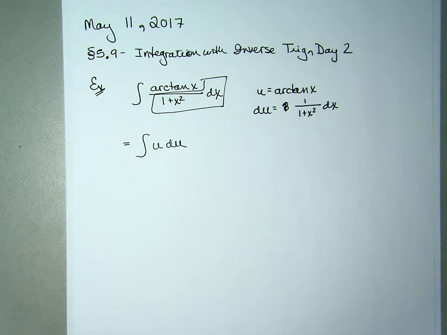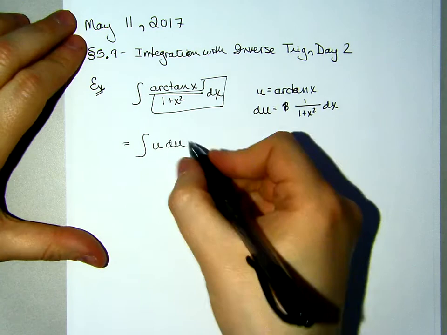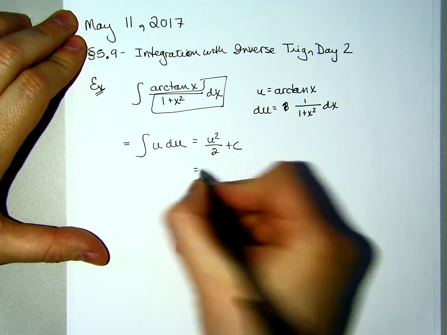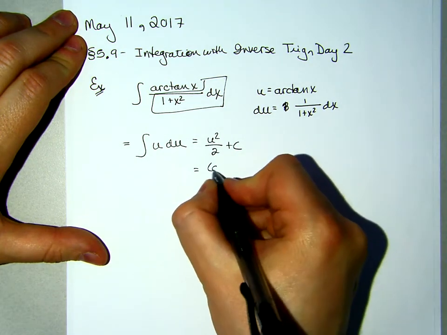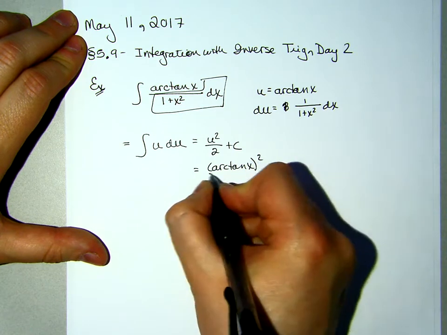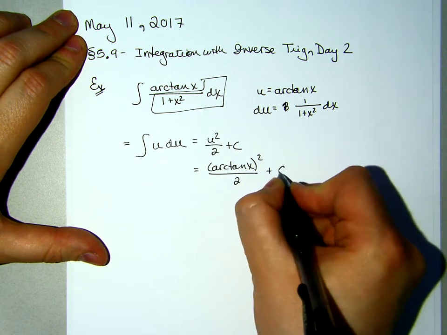This is the exact same idea. Well, what's the integral of u du? This is easy. U squared over 2 plus a constant. U was just the arctangent of x, so I'm just going to say the arctangent of x squared over 2 plus the constant.